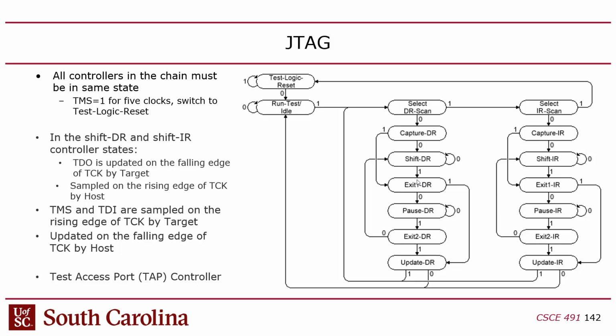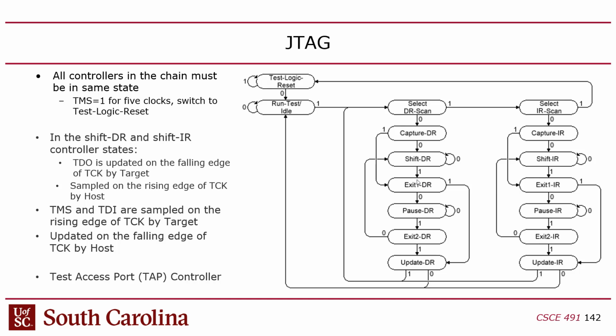And then when you get done with that, you put it in the data mode, where you're going to shift the data through. In other words, you decide what instruction you want to send out to all the devices in the JTAG chain. You take all of those addresses and put them in a big long serial string of bits.